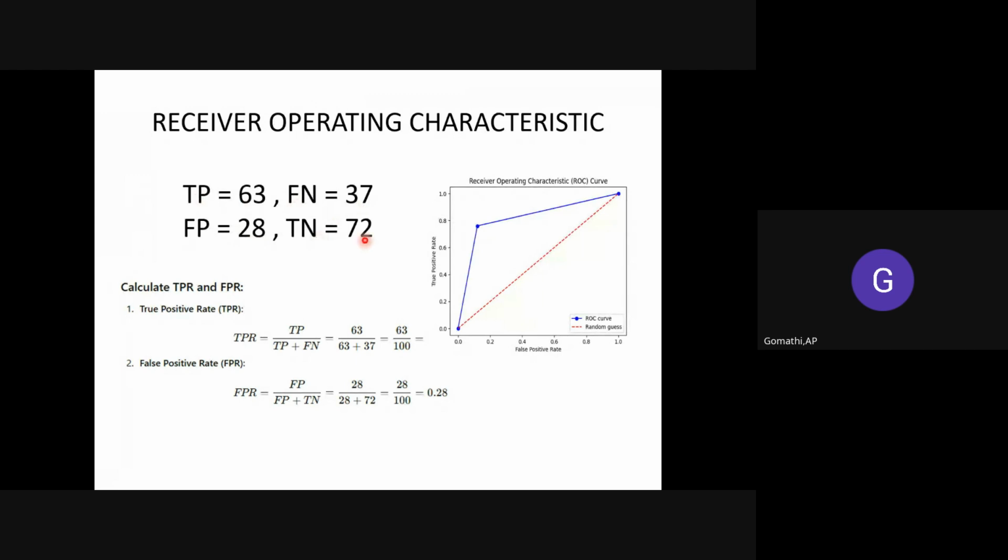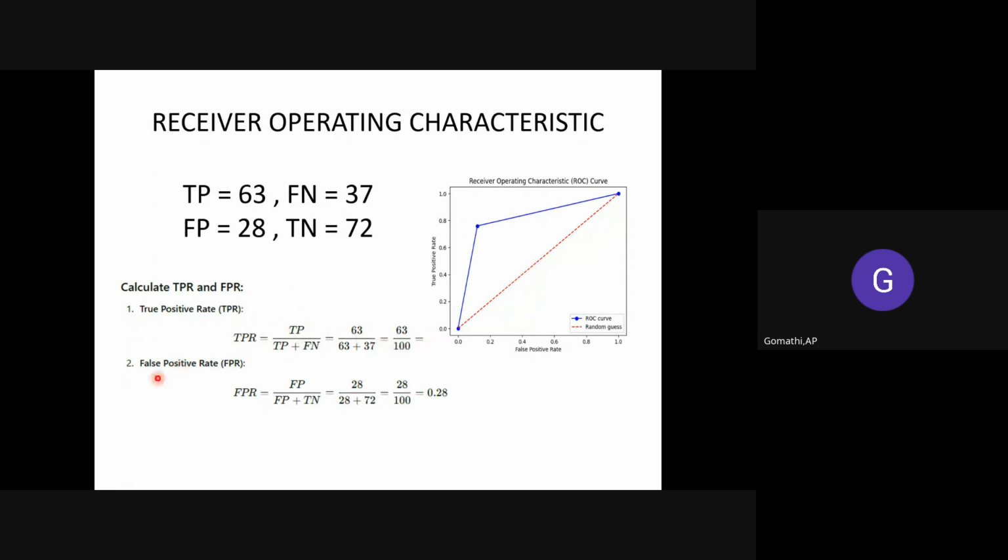By using these values, we can calculate the true positive rate. We have to recall the formula: TPR, the true positive rate, is true positive divided by true positive plus false negative. It is mainly based on the actual positive values. Applying these values into the formula, we get 0.63.